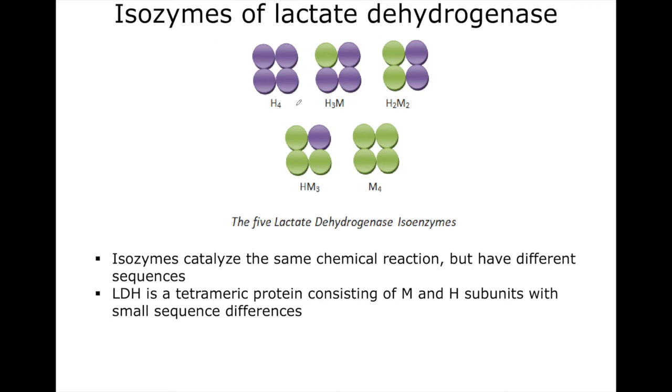Lactate dehydrogenase is known to have 5 different isozymes or isoforms, and they're made up of combinations of two different subunits. We have either an H subunit or an M subunit, and you have the different isozymes made up of different combinations, as you can see here. These isozymes all catalyze the same chemical reaction, but they have different sequences. LDH, lactate dehydrogenase, is a tetrameric, meaning 4 subunits, protein consisting of M and H subunits with slight differences in their sequence.